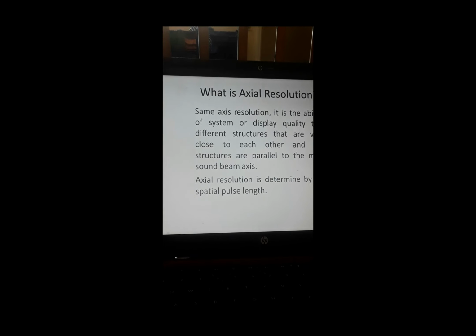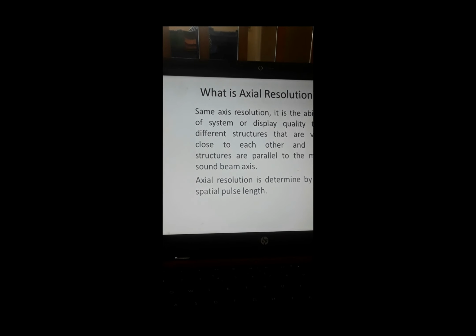Axial resolution. What is axial resolution? Axial means axis or same axis. It is the ability of the system. We're not talking about an external force, we're talking about the machine, the system of the machine, because the ultrasound beam, we assume, travels 1540 meters per second.